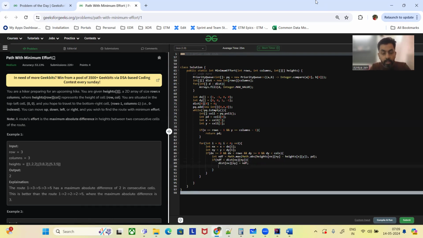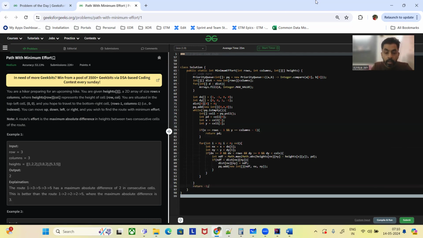Also, we are going to insert in the priority queue, PQ dot add, a new entry with NDF as the distance and the position NX and NY. And if we reach the destination, we return the answer. If we don't reach, we simply return -1.